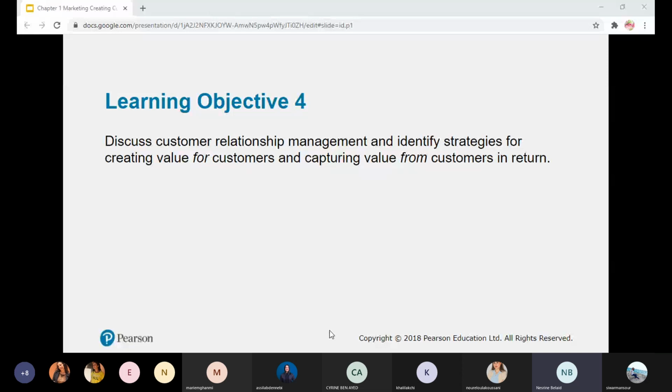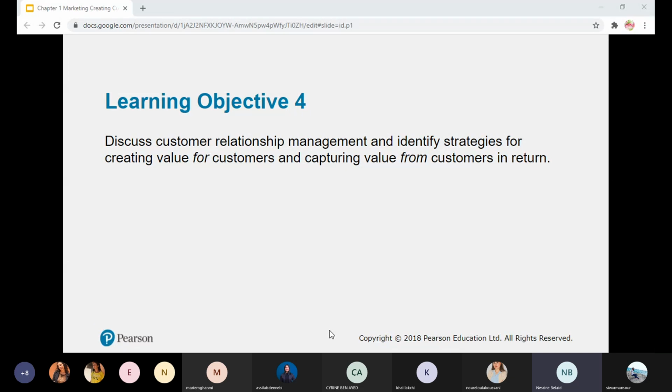What is this CRM? It is the overall process of building and maintaining profitable customer relationships by delivering superior customer value and satisfaction. It deals with all aspects of acquiring, keeping, and growing customers. Okay?